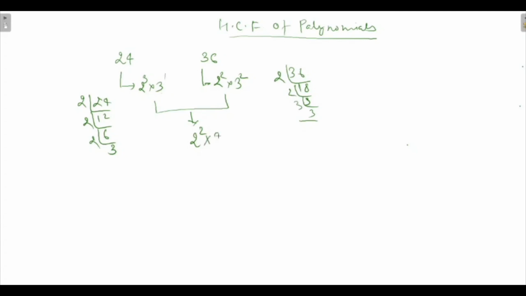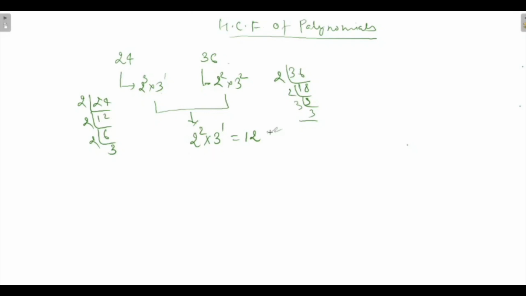So 2 to the power 2 into 3, which is actually 12, is the highest common factor for these two. This is the factor which can divide 24 and 36 both. To do that, we take common whatever we can take common from both of them: 2 square and 3, so the common factor is 2 to the power 2 into 3, which is 12.